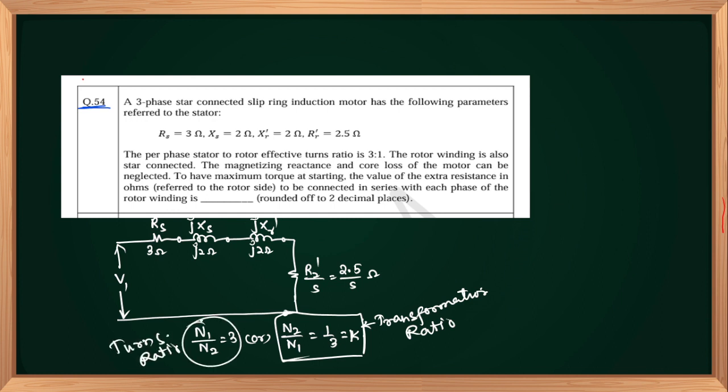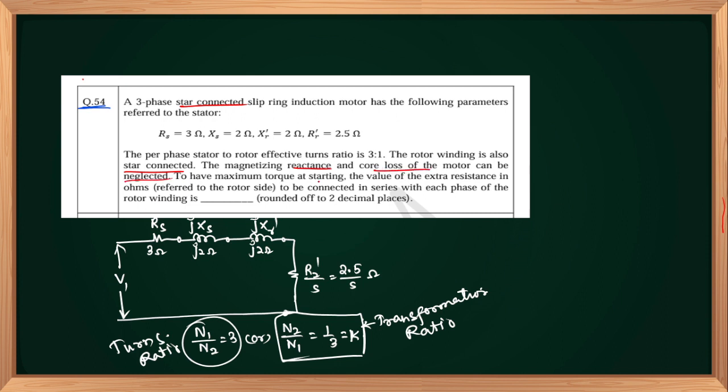Okay. Now he is saying one more thing, that the rotor winding is also star connected. Stator winding is star connected, rotor winding is also star connected. The magnetizing reactance and the core losses of the motor can be neglected.